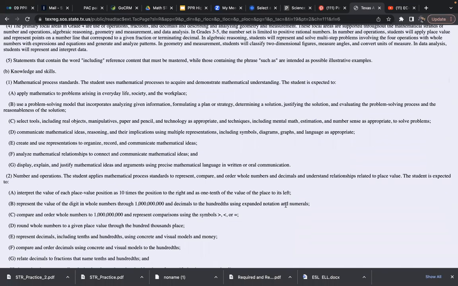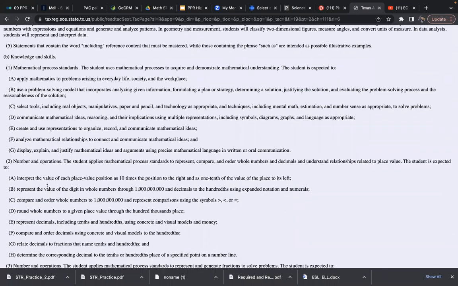So they have to be able to go to a million and decimals to the hundredths using expanded notation and numerals.